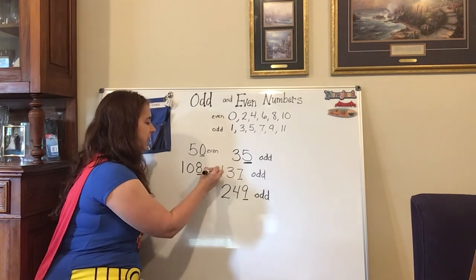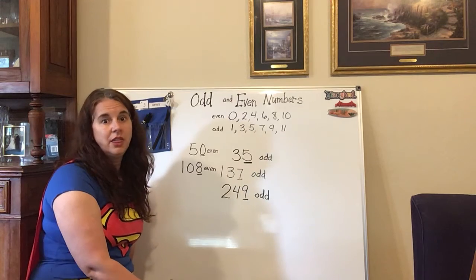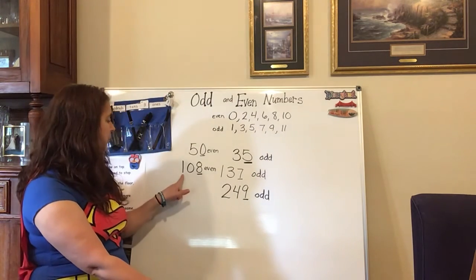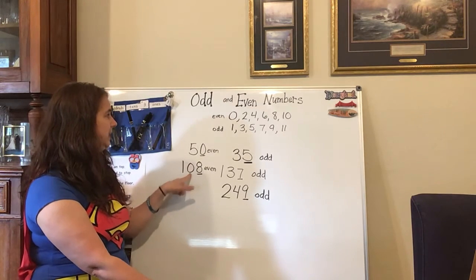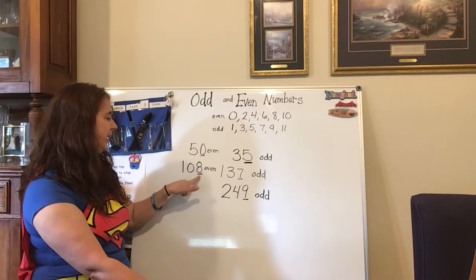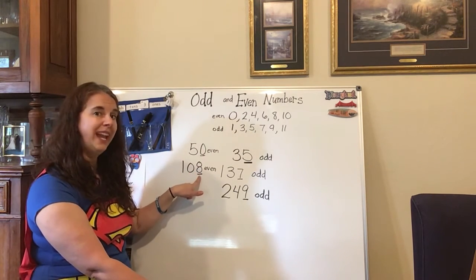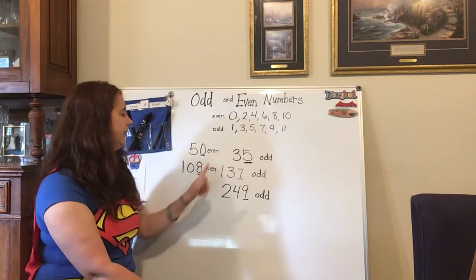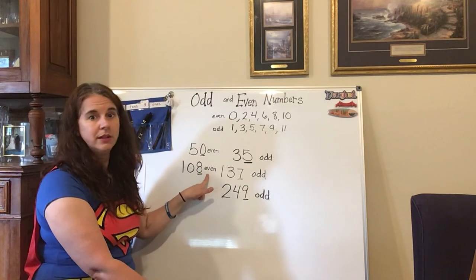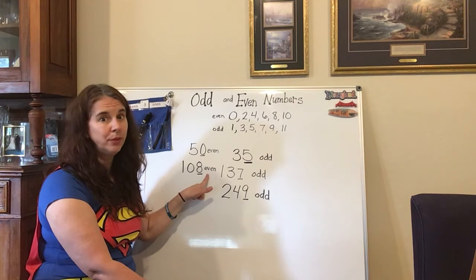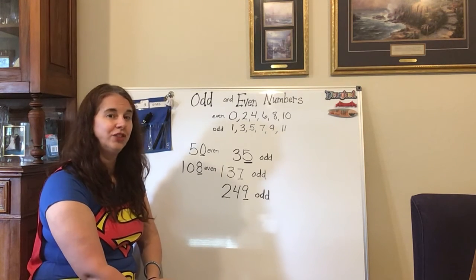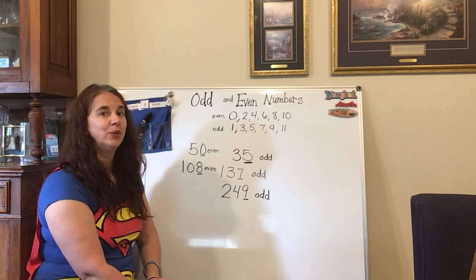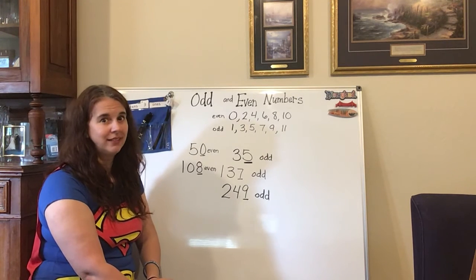So do you see how you really have to check the ones place? Because 1 in the hundreds, that's an odd number. 0 is an even number, but you have to go by the ones place number, the 8, which is right here, and that's what makes it an even number. So no matter how big your number is, you always check the ones place to see if your number is an odd or even number.